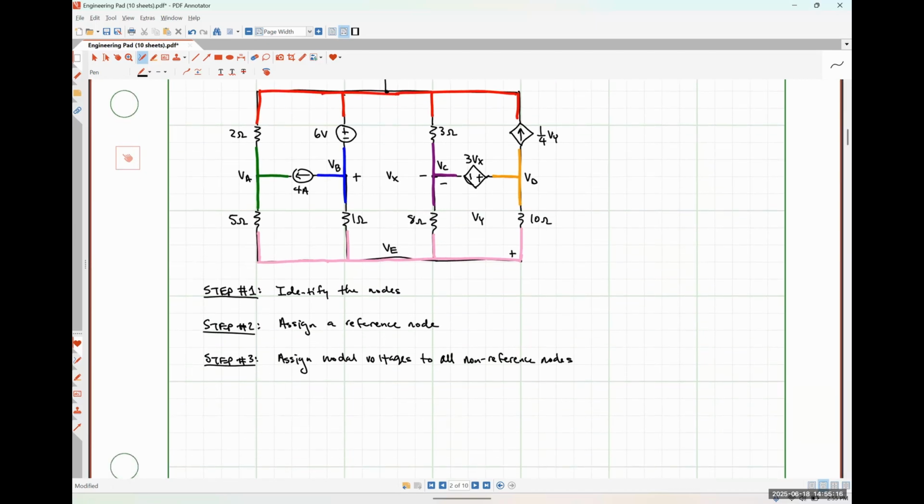Step number 4 is going to be the same. So we are going to express our controlling variables in terms of our nodal voltages.